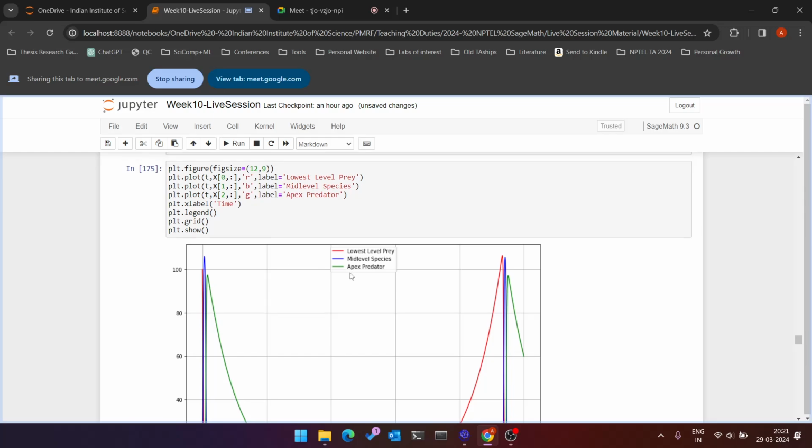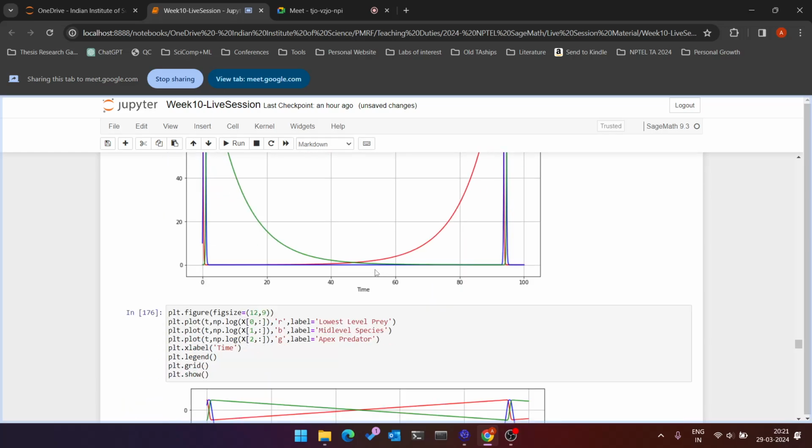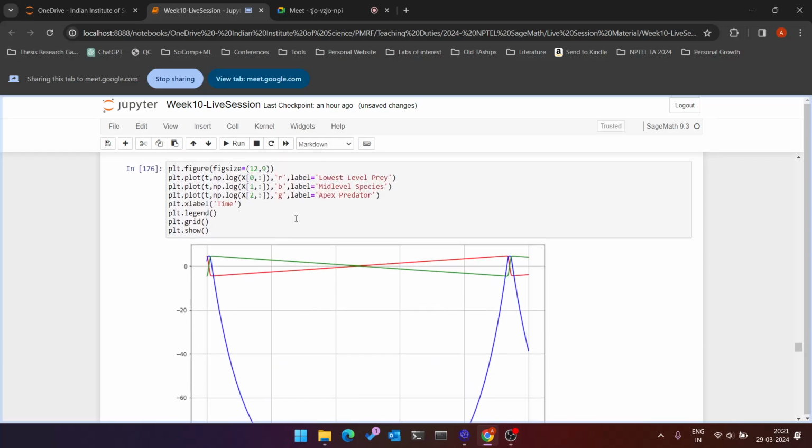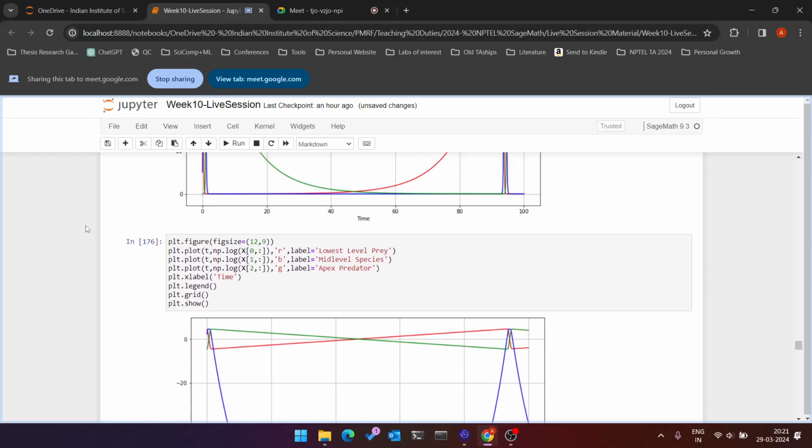Seems like the top apex predator pretty quickly catches up with the lowest level prey, after which the mid-level species catches up, following which the apex predator also catches up. So we again get back to the periodic nature of population cycles.